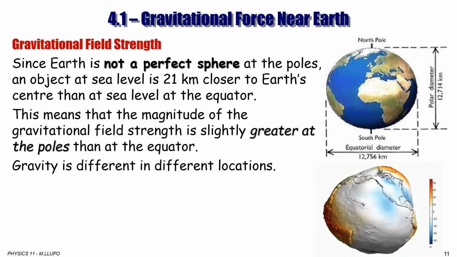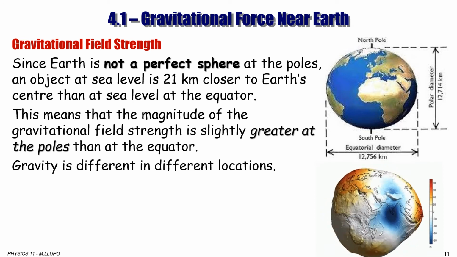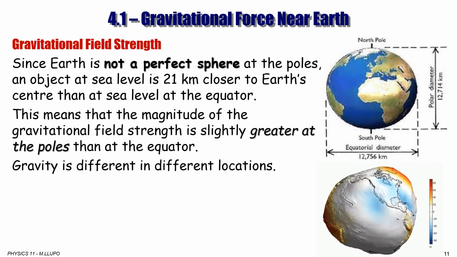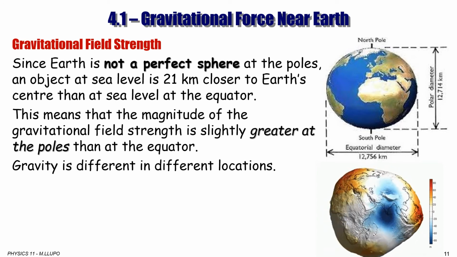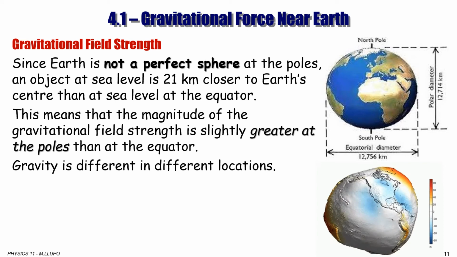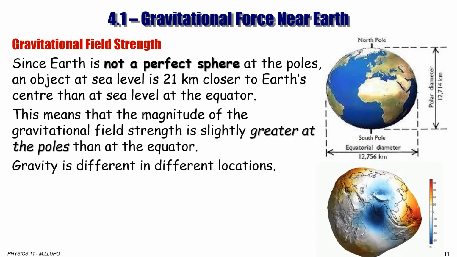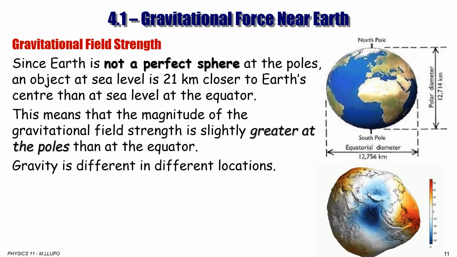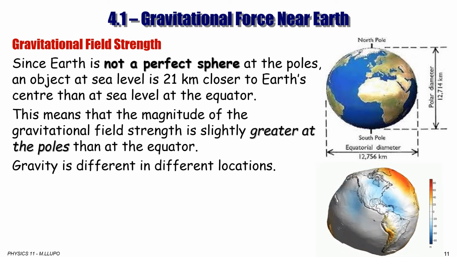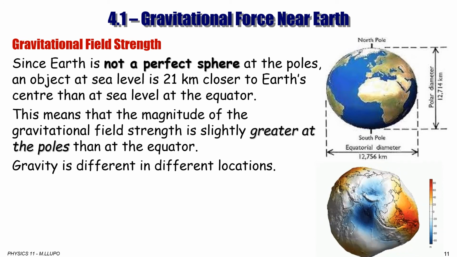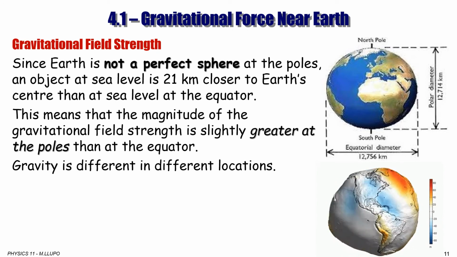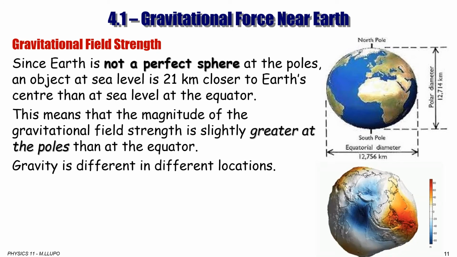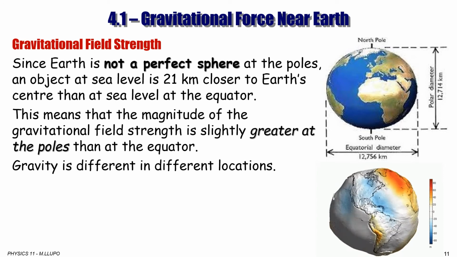If you take a look at the diagram on the top right, the diameter, as measured from pole to pole, is 12,714 kilometers. As measured through the equator, it's 42 kilometers longer, bigger.